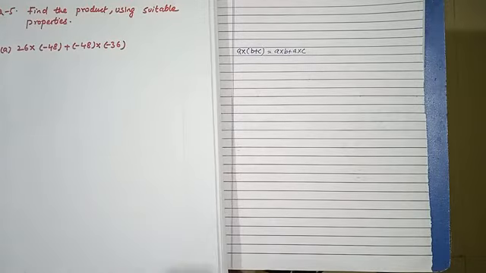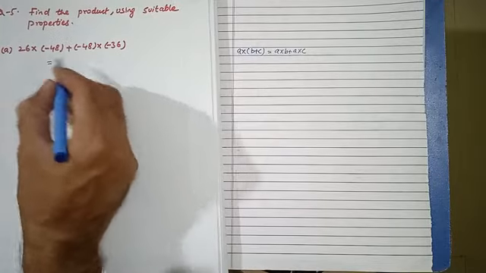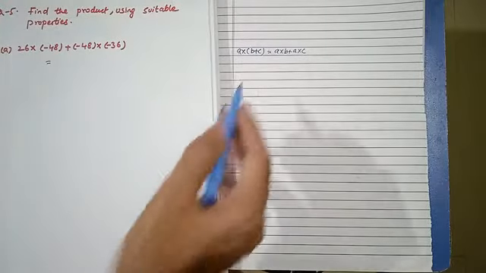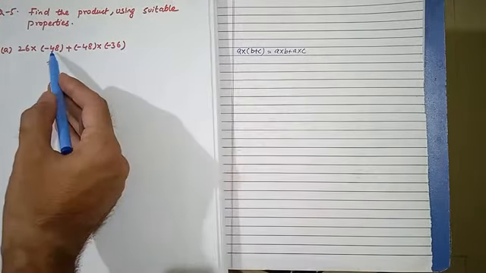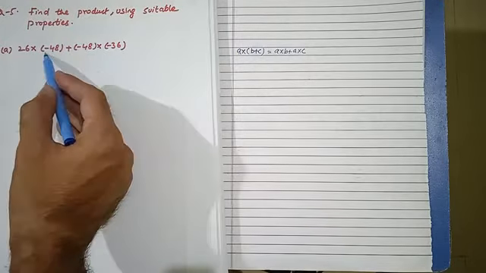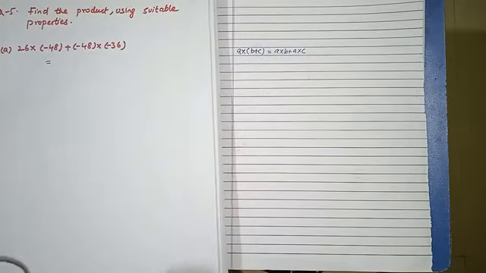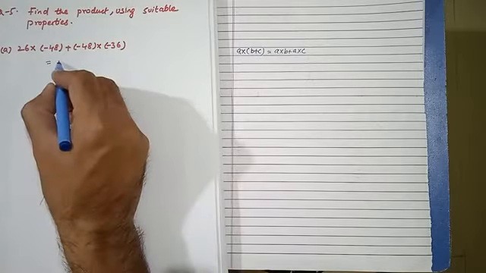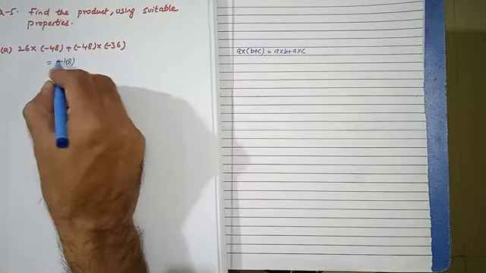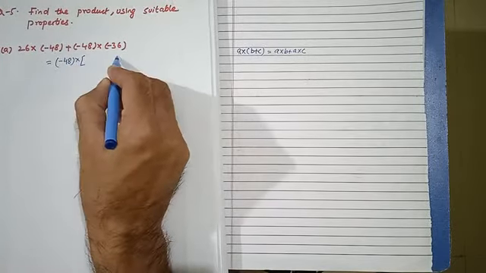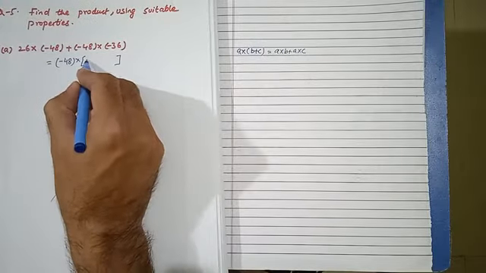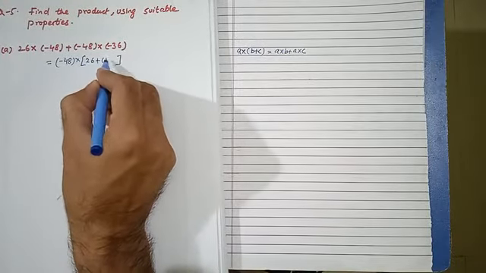Now see what we can write here. You can see that here -48 is distributed in both the two terms. So we can take -48 common and multiply, and under the bracket we write 26 plus -36.